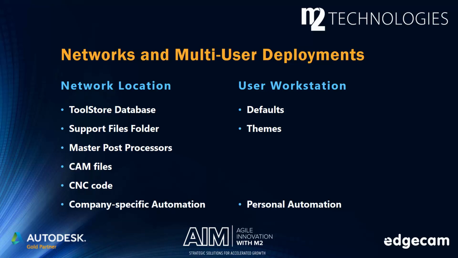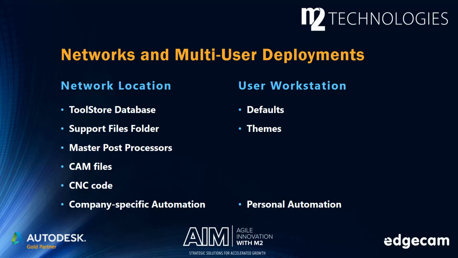Automation is a little bit of an interesting topic, and that could vary depending on how companies want to do things. But generally speaking, we would advise that company-specific automation, maybe masks or PCI macros or strategies or software plugins that are important to capture your company's process and to do things the way your company likes to have them done, should probably be stored on the network and mapped that way.